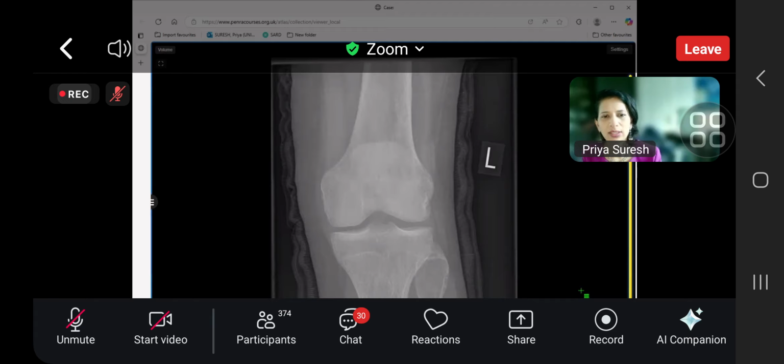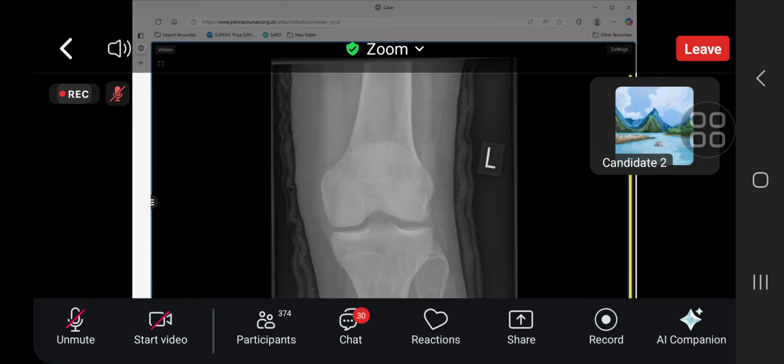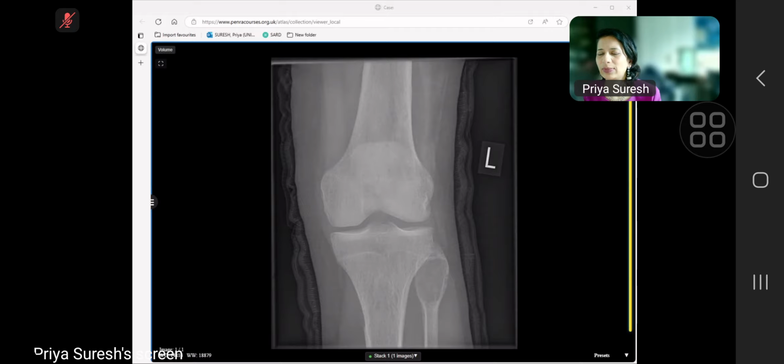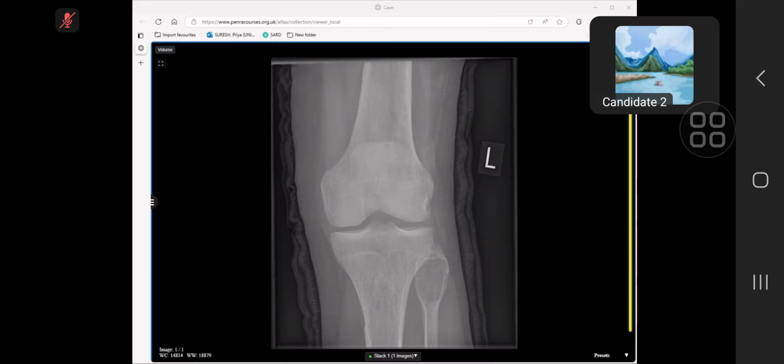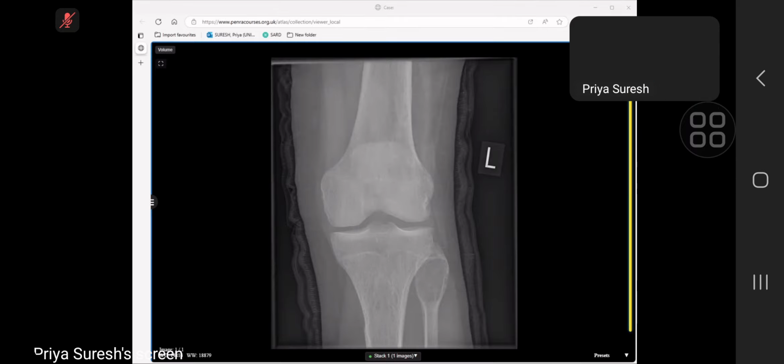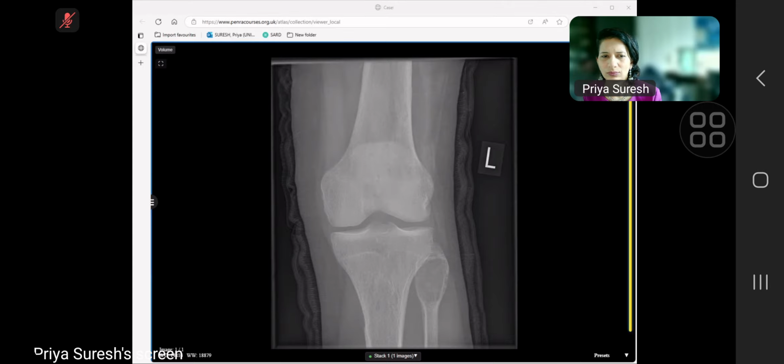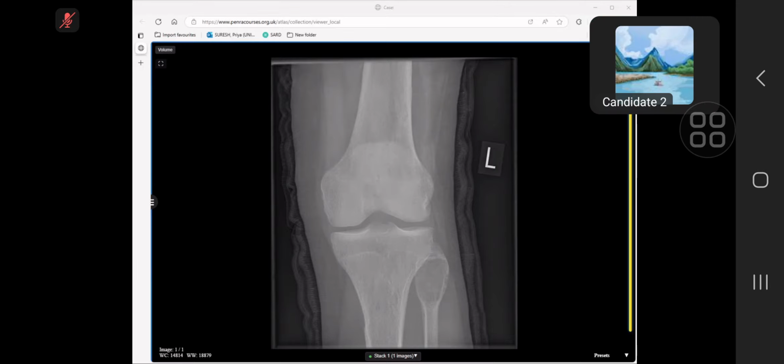Can you see the plain radiograph of the left knee? Yes, ma'am. Okay, fine. So this patient is presenting with acute knee pain. This is a frontal left knee radiograph of a skeletally mature patient, in which I can appreciate a lucent expansile lesion in the proximal epiphyseal and metaphyseal region of the fibula.